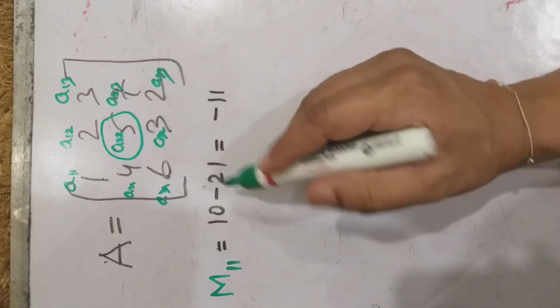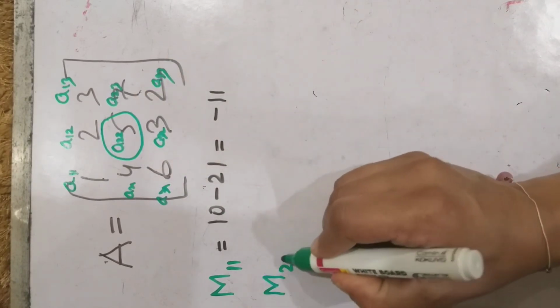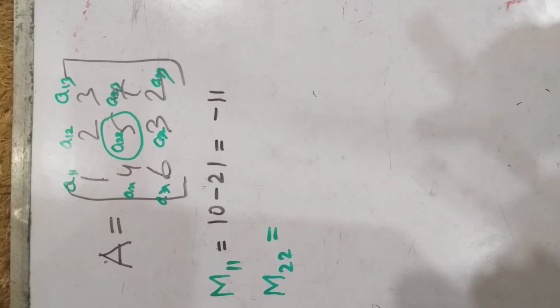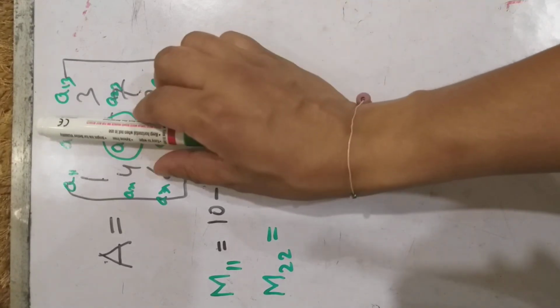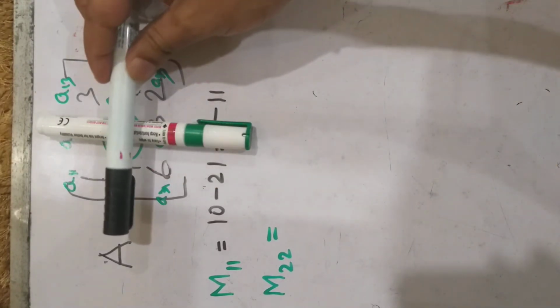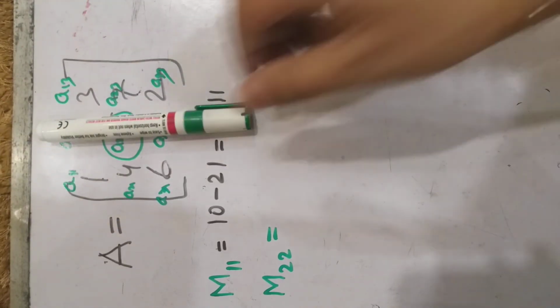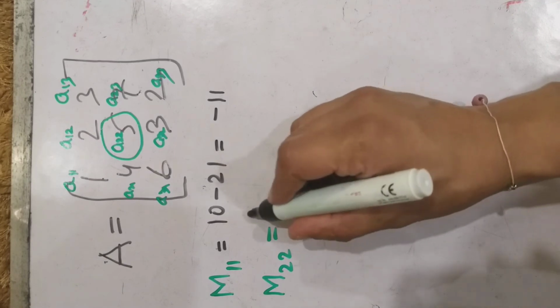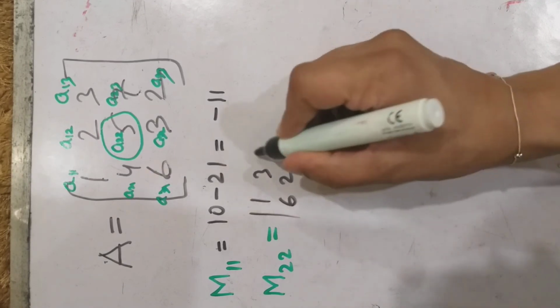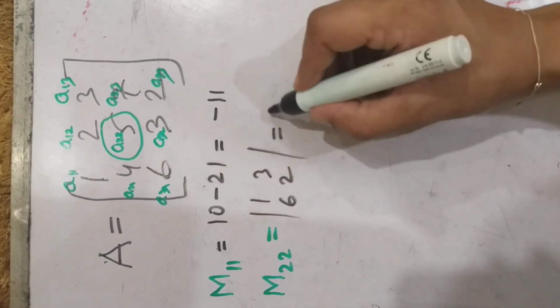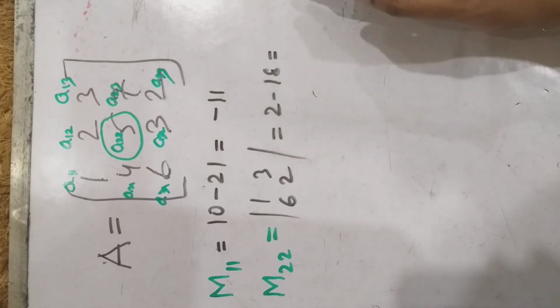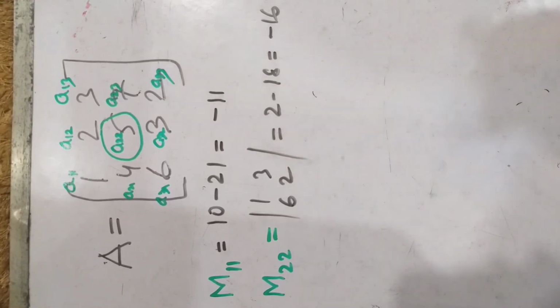Say A22 is 5. If I want to find M22, that is the minor of 22, second row, second column, block this row and column. 1, 3, 6, 2. So I get 2 minus 18, this is minus 16, the minor. Fine.